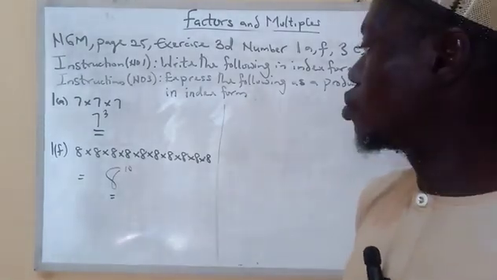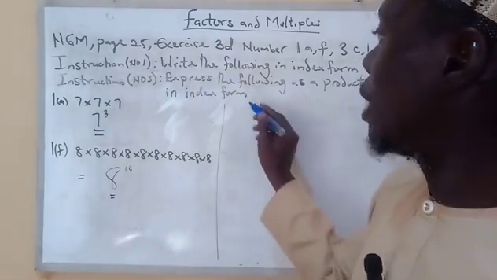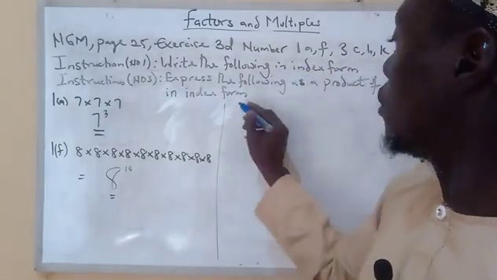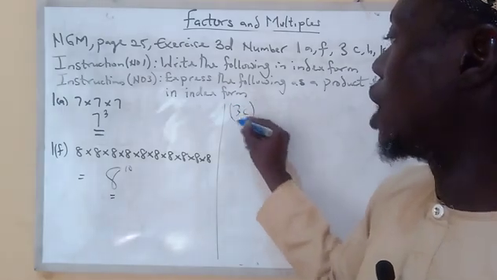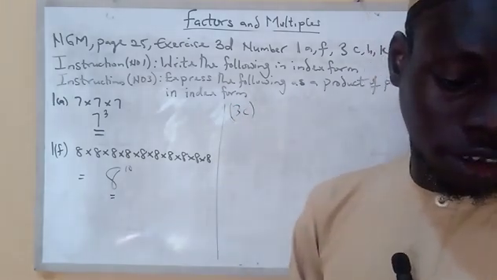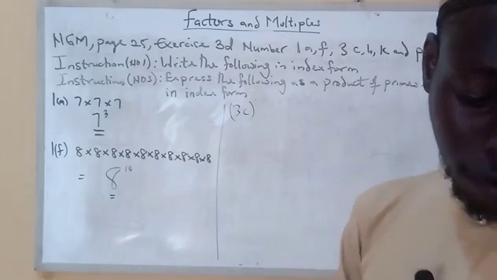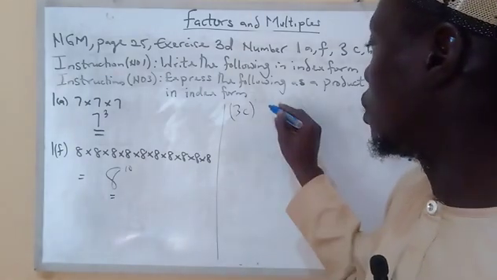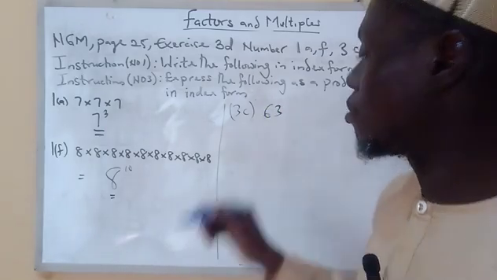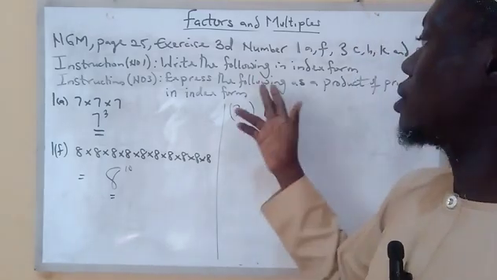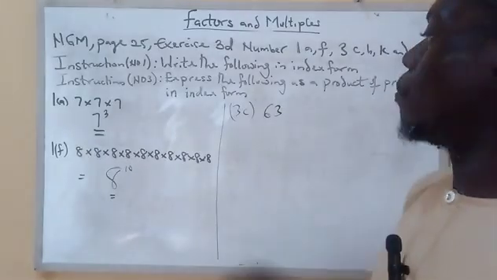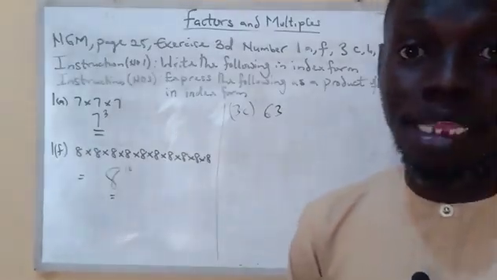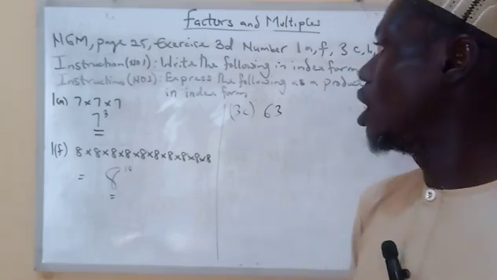So the number to talk about here is 3C. When you check your New General Mathematics of that page, it is 63. So we are to express this number as a product of primes. We know what a prime is. We have said it in the previous lesson.